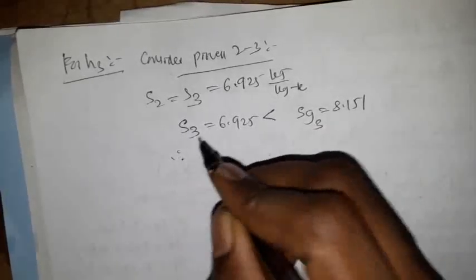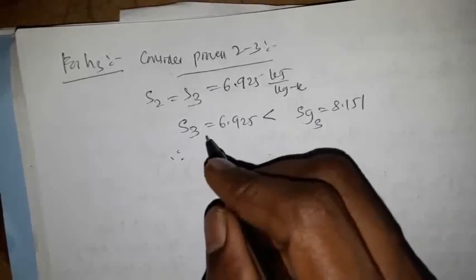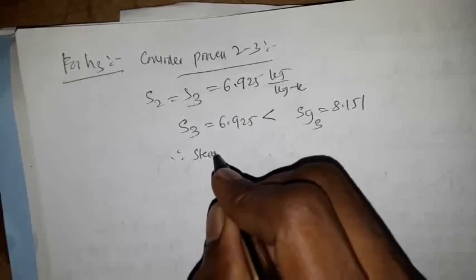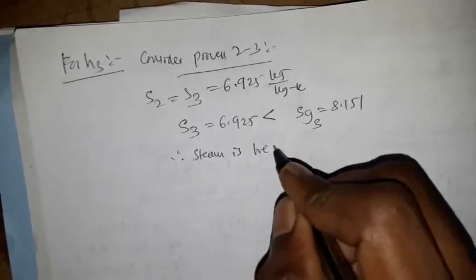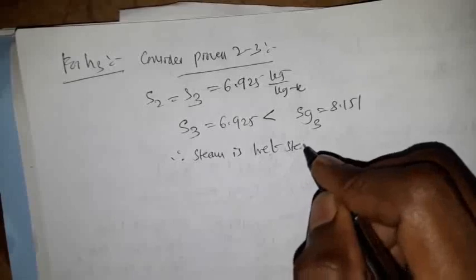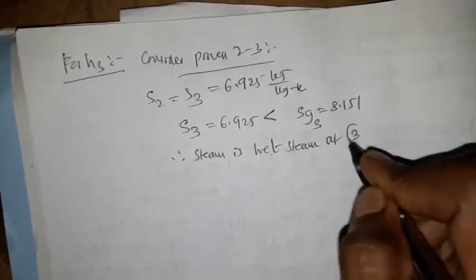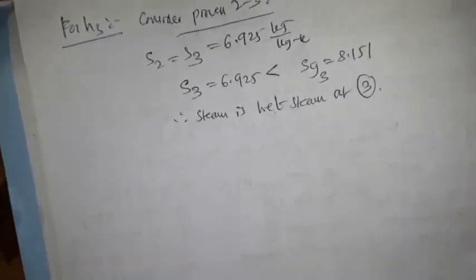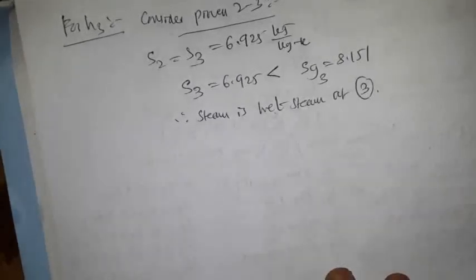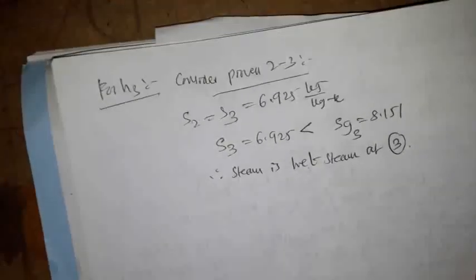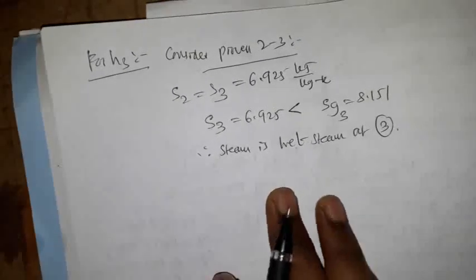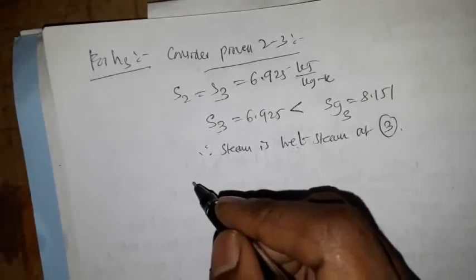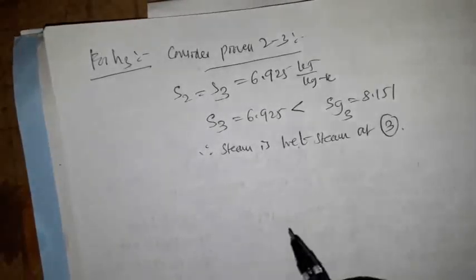Therefore the steam is wet steam at state 3. Once we understood the steam is wet at state 3, we need to apply the specific enthalpy formula at state 3 to calculate its enthalpy.